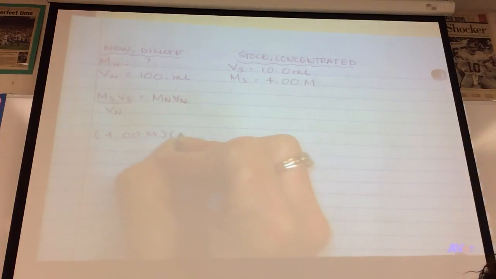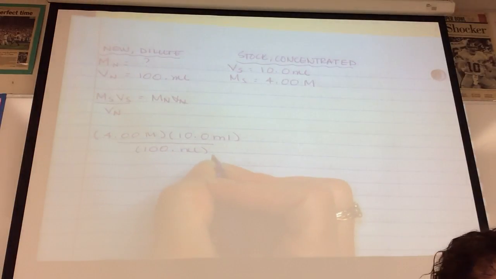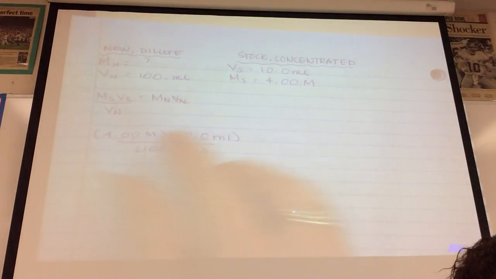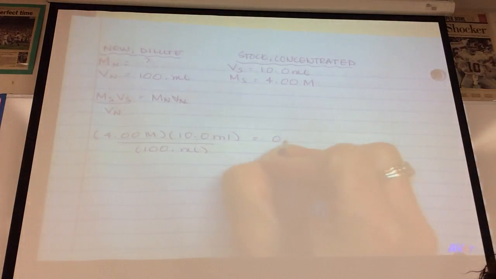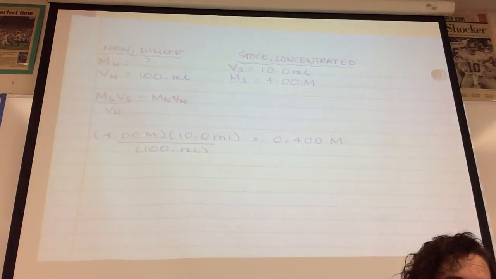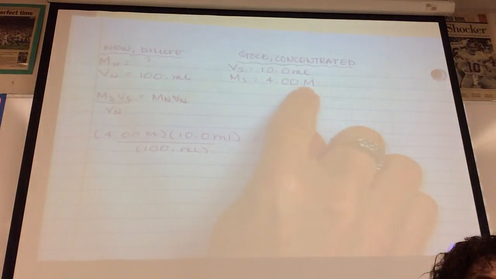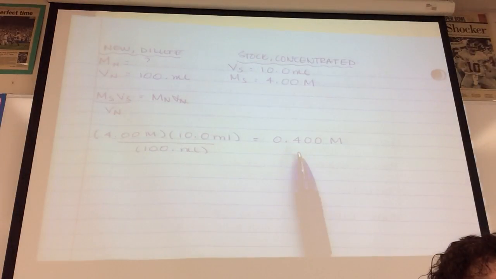The volume of the stock is 10 mLs. The volume of the new is 100 mLs. 1/10 of 4 is 0.400 molar. So the new solution has that concentration, and it's 10 times as dilute.